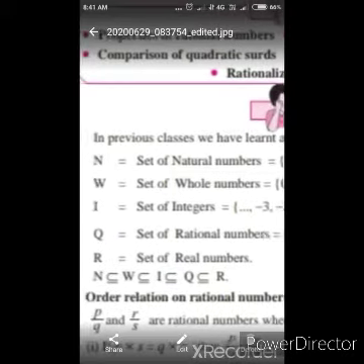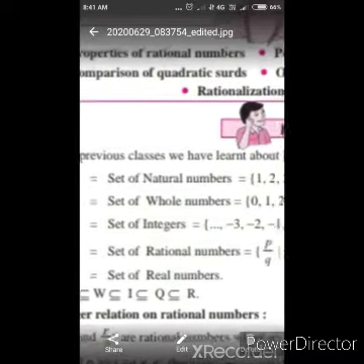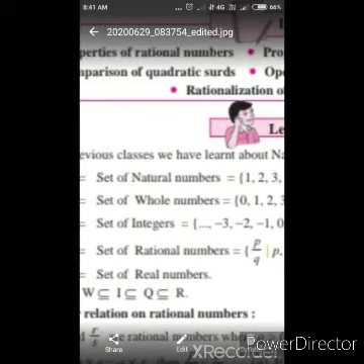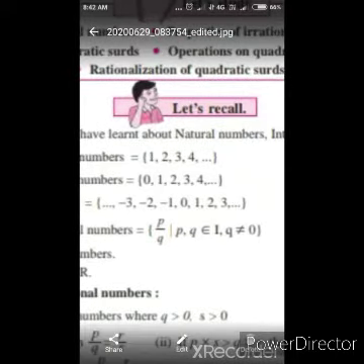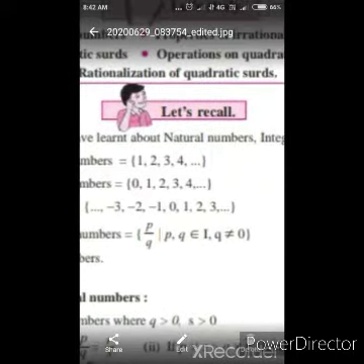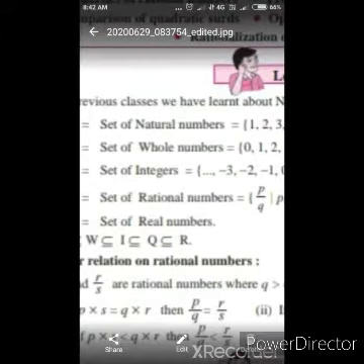The set of integers is denoted by capital letter I. See, minus infinity to minus 3, minus 2, minus 1, 0, 1, 2, 3 and so on to plus infinity. So all these numbers are integers.